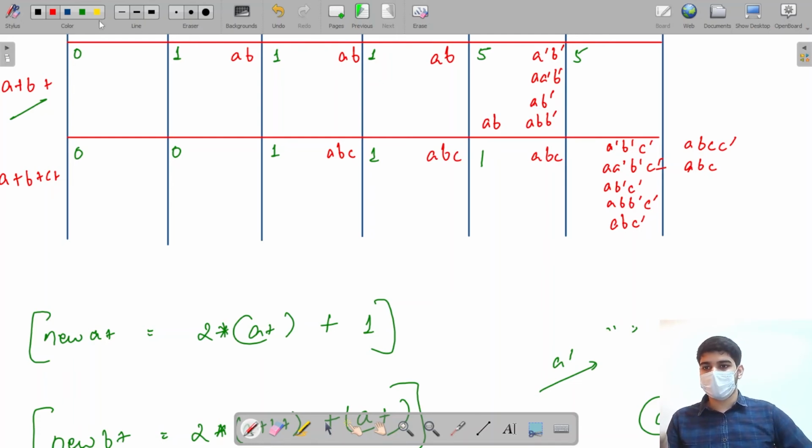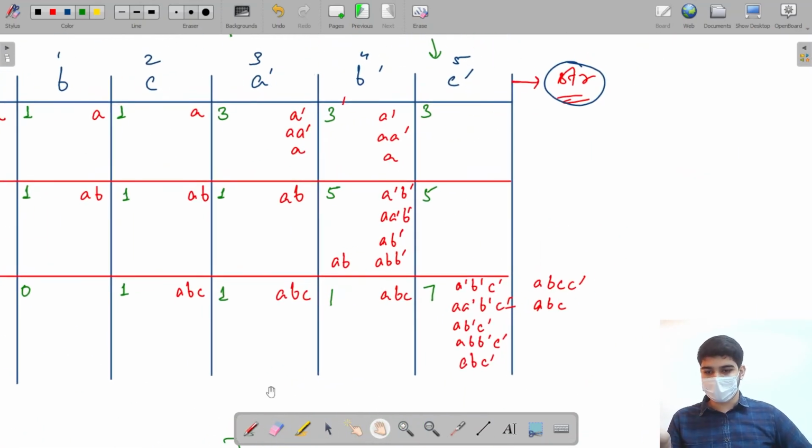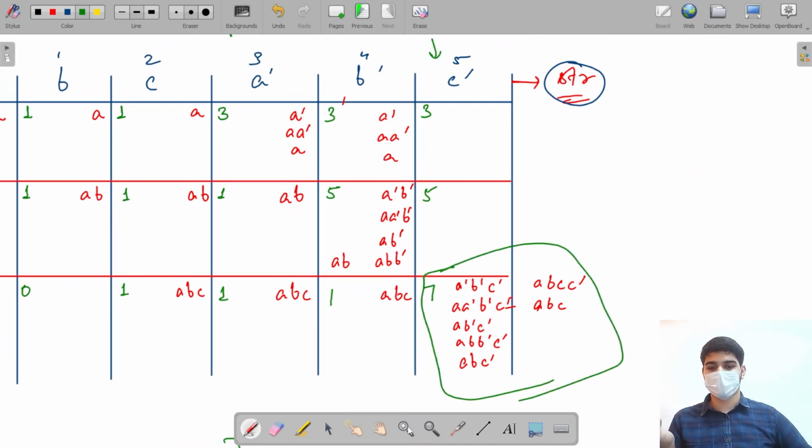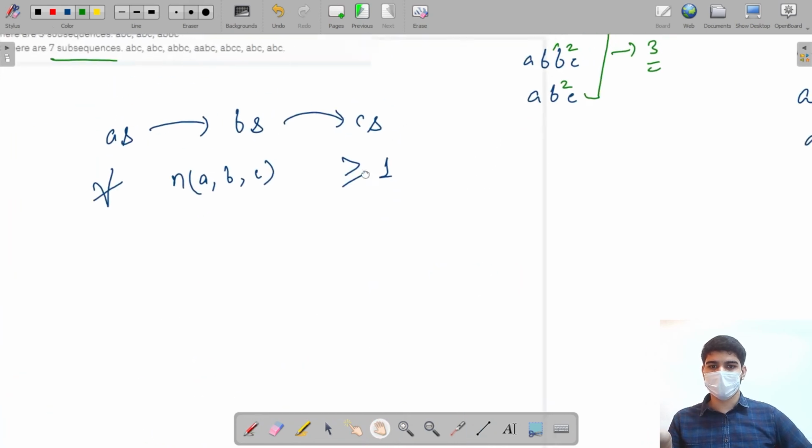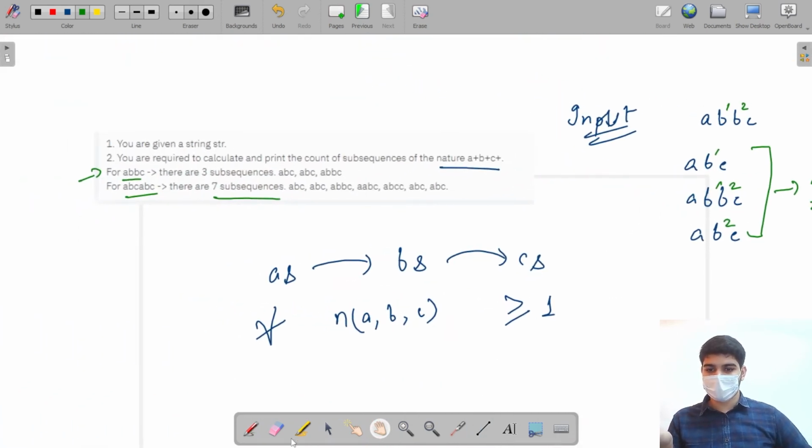Hence, over here, the total subsequences are 7. Right? As this was our very last index, this should be our answer. And if we come over here in the question, for the given input of ABC, which we took right now, the output was 7.